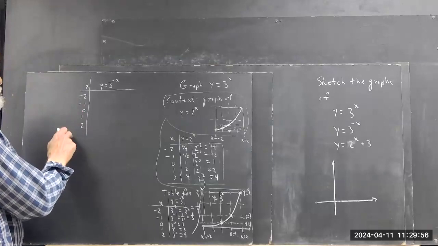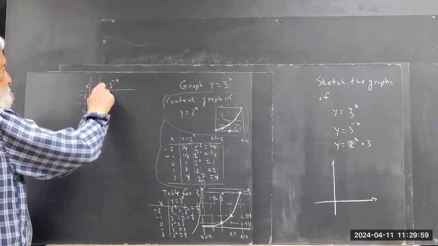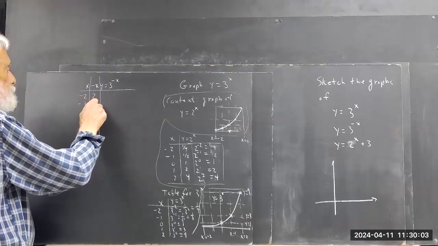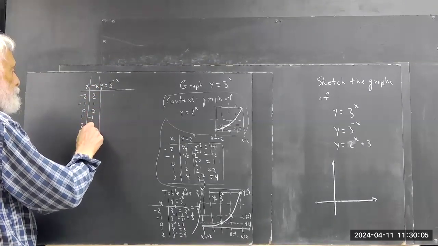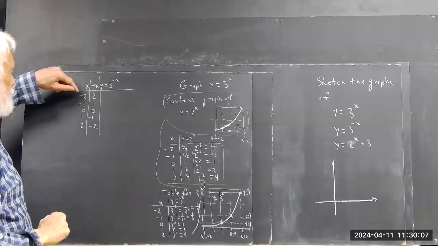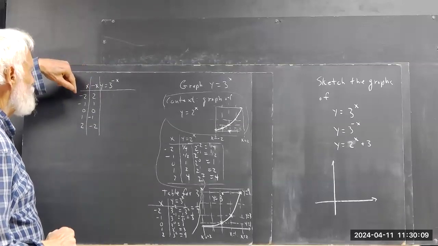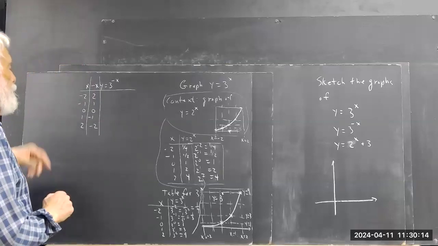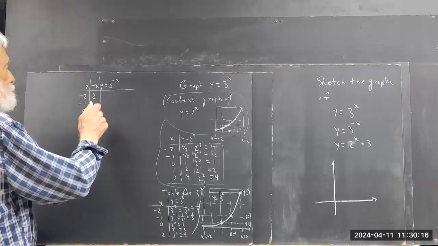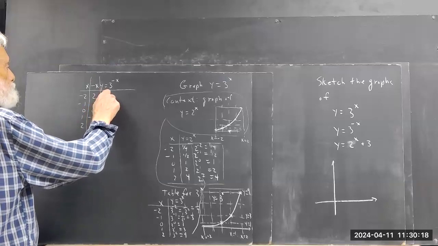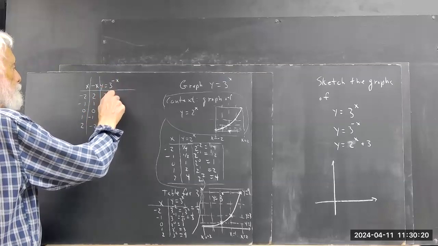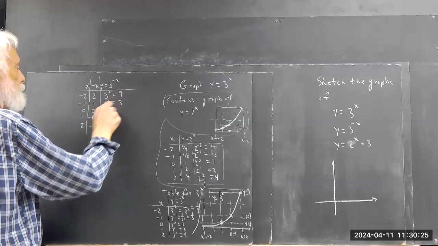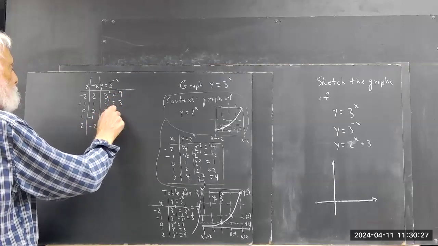Okay, so if we make a table here, I'm going to put a column for negative x, which is 2, 1, 0, -1, -2. So if x is -2, negative x is 2. If -1, negative x is 1, and so forth. So now 3 to the negative x would be 3 to the second, which is 9. And so forth.